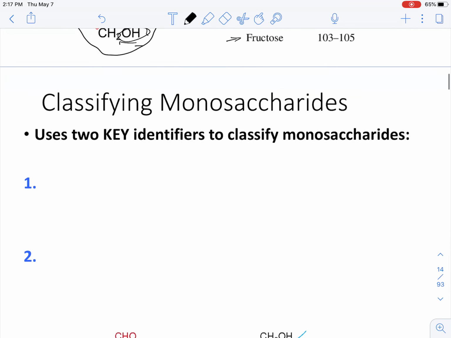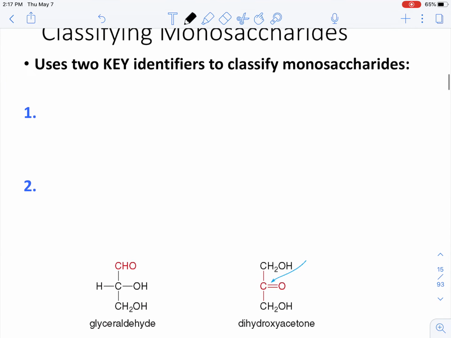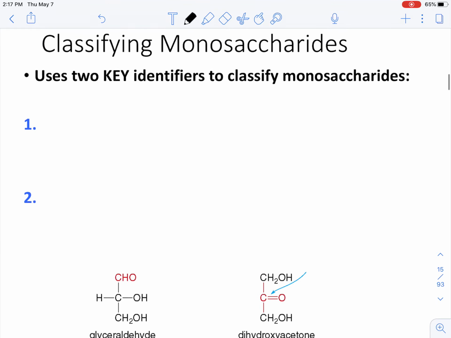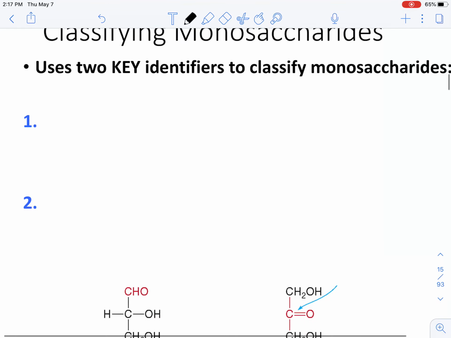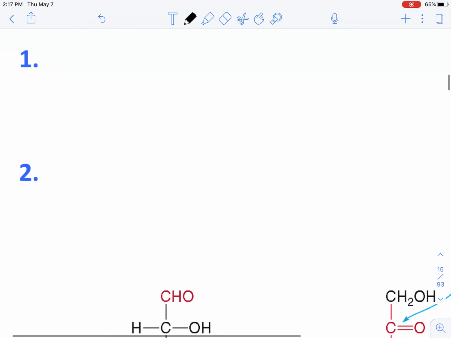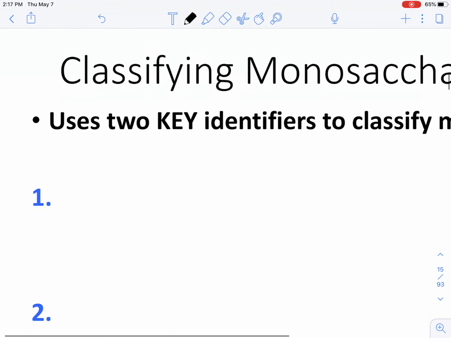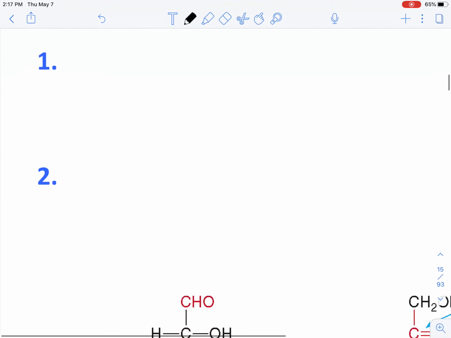All right, and so what we're going to do now is learn how to classify our monosaccharides. And so we're going to use two key features, if you will, to classify them. The first thing that we are going to do is classify our monosaccharides through their functional groups.